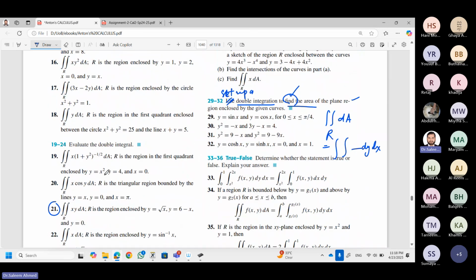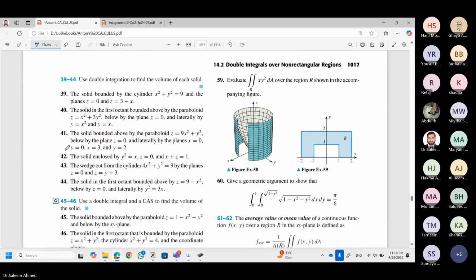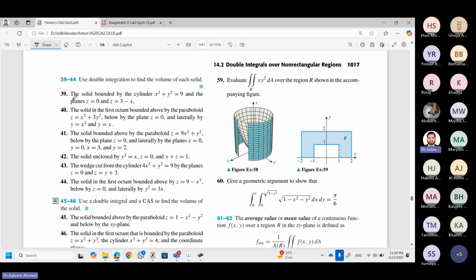It was written somewhere here. This one, 39. Use a double integral to find the volume of the solid bounded by the cylinder and z equals 0, z equals 3 minus x.